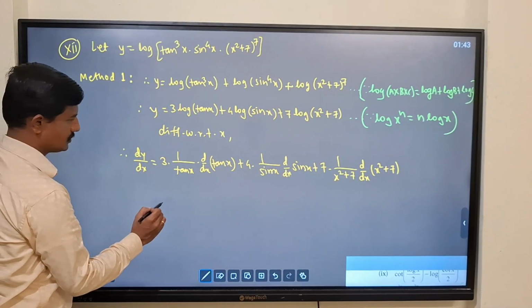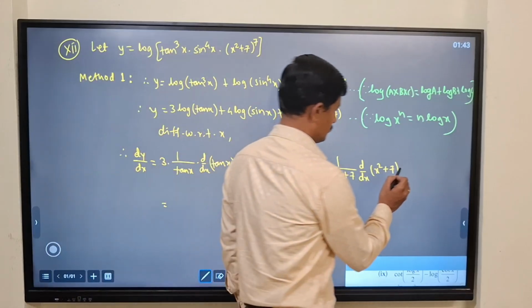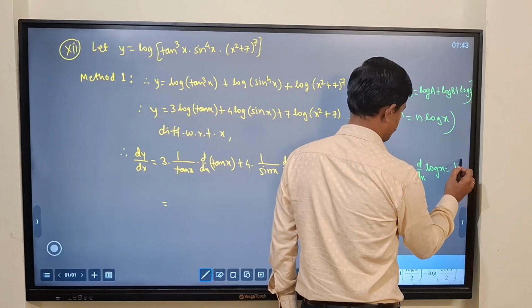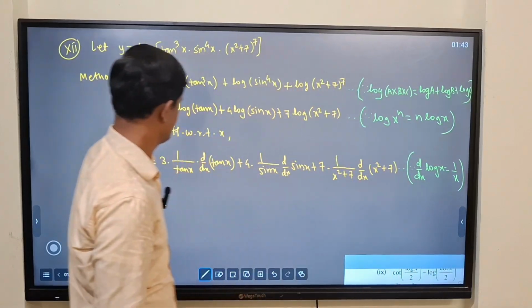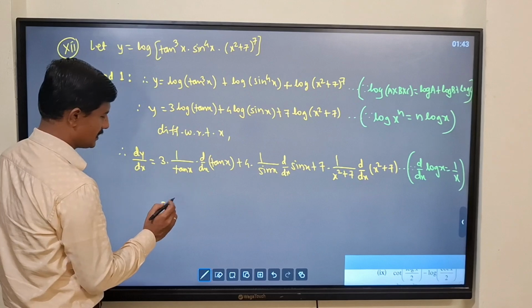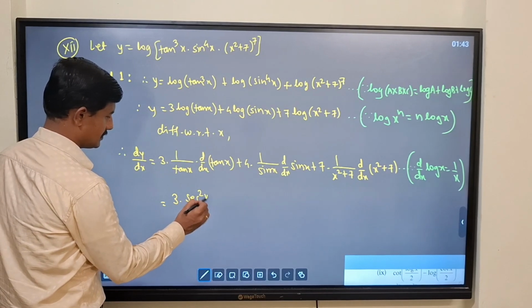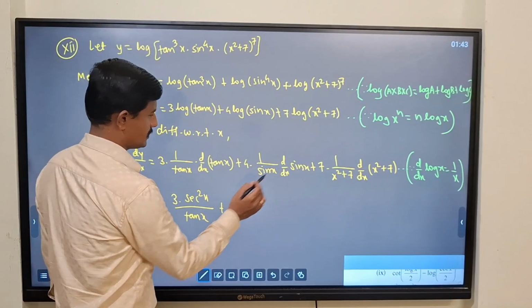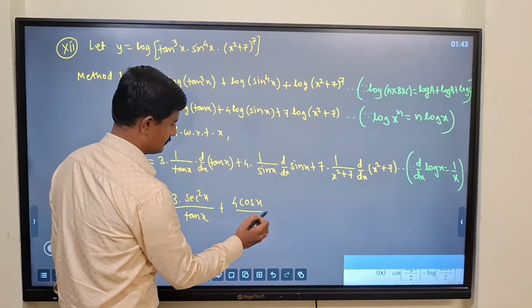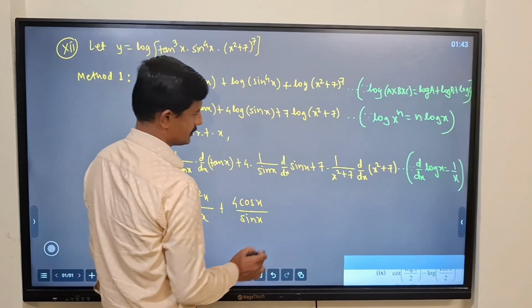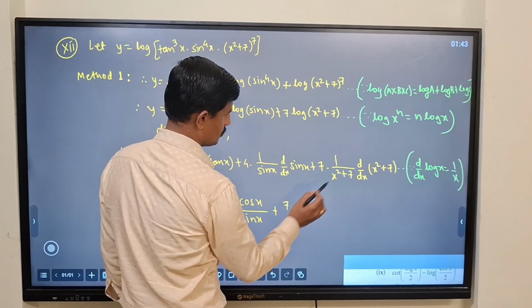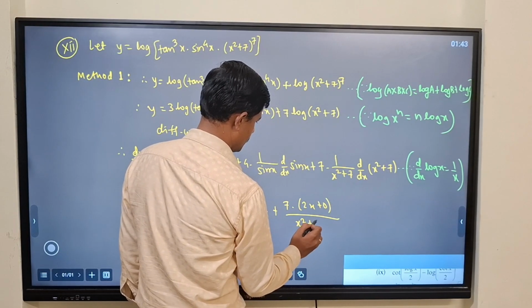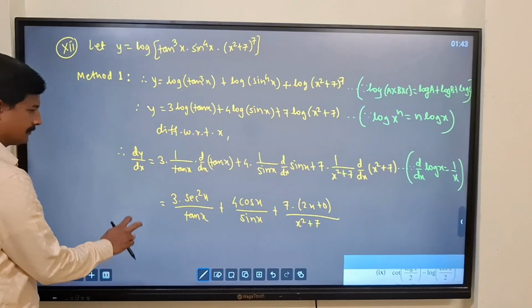Here we used the rule d/dx of log x is 1 upon x. Now see, differentiation of tan x is sec square x, so 3 sec square x upon tan x, plus differentiation of sin is cos, 4 cos x upon sin x, plus 7 into differentiation of this is 2x plus 0 upon x square plus 7.